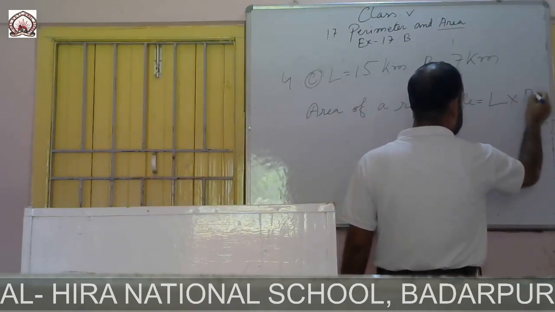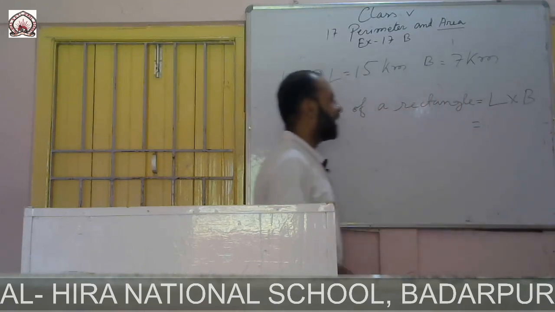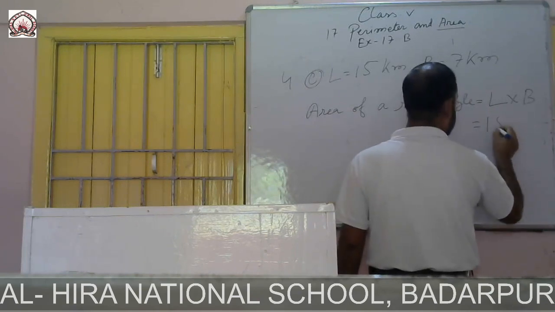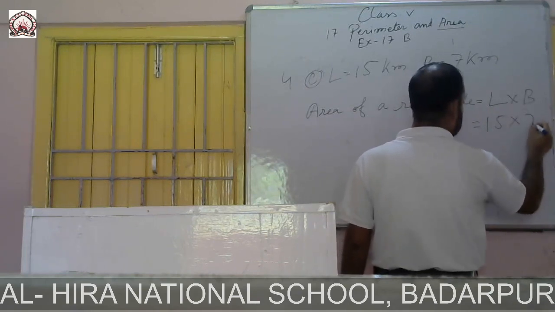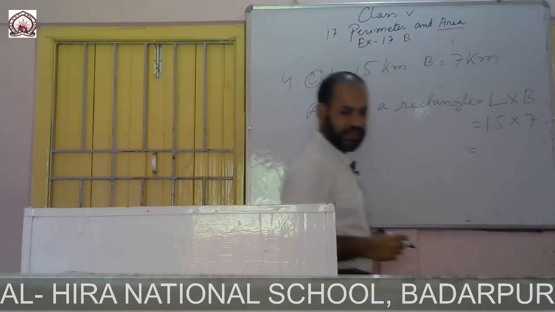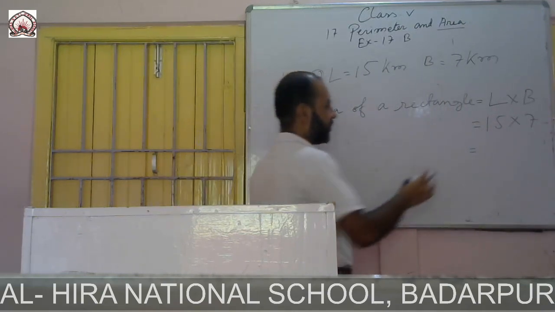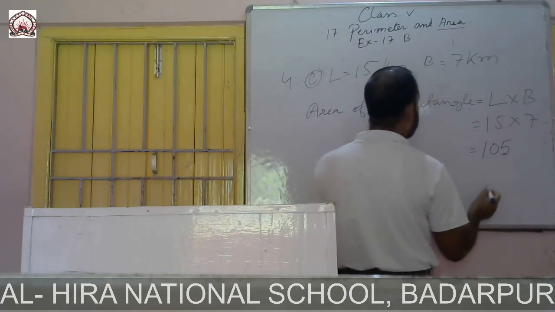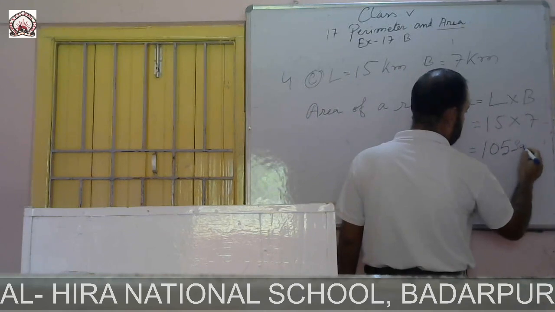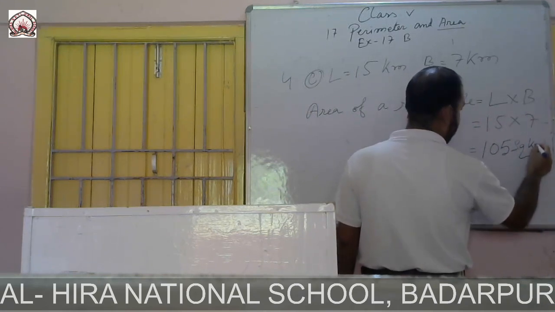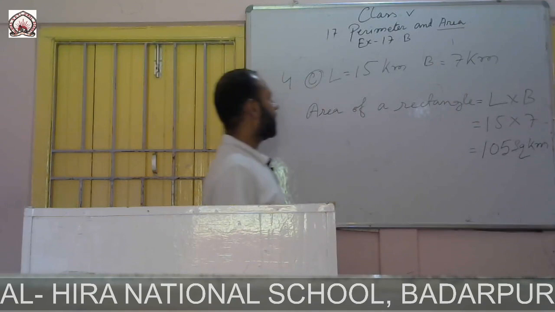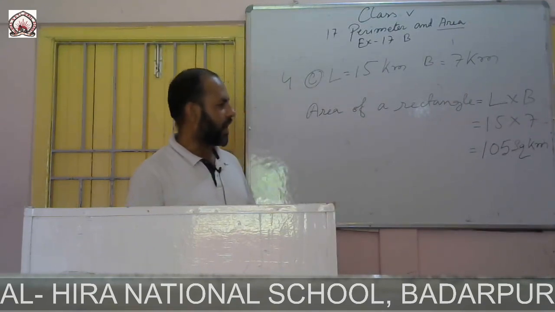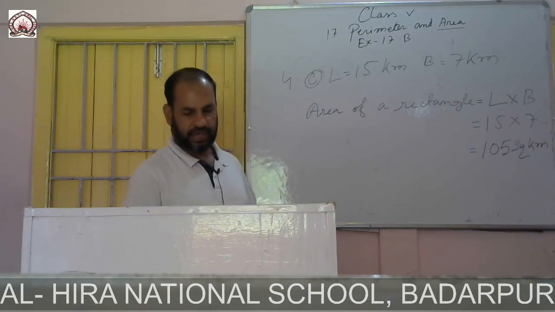So here length equal to 15 and breadth equal to 7. So 15 times 7 is 105. The area of the rectangle is equal to 105 square kilometer.